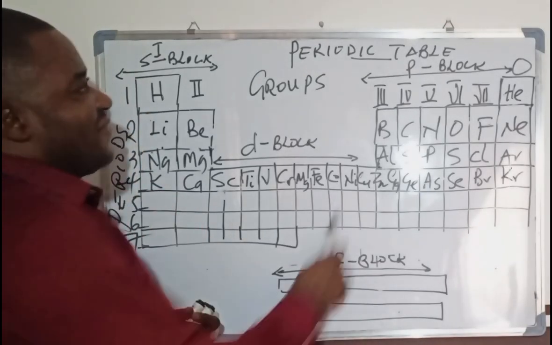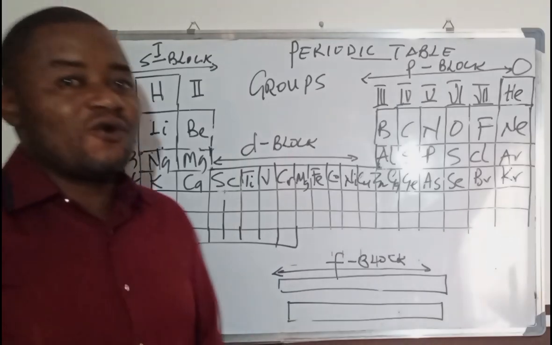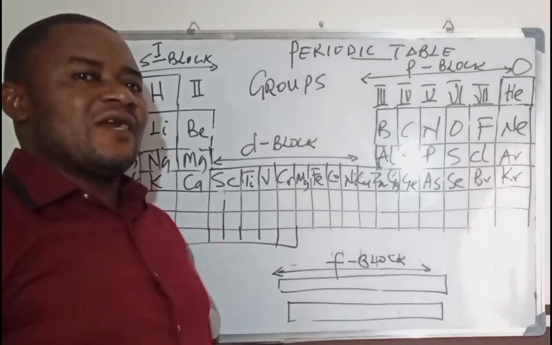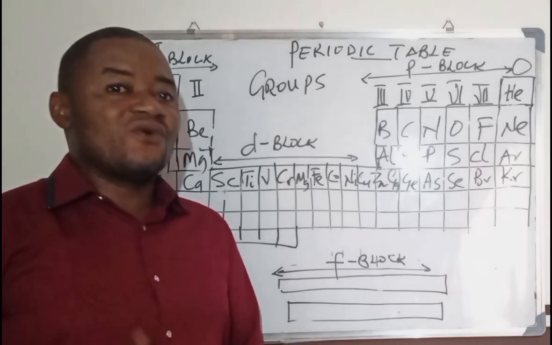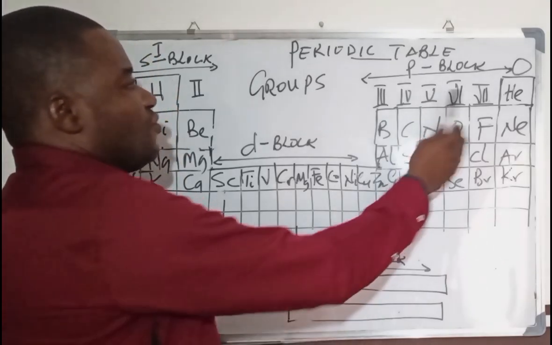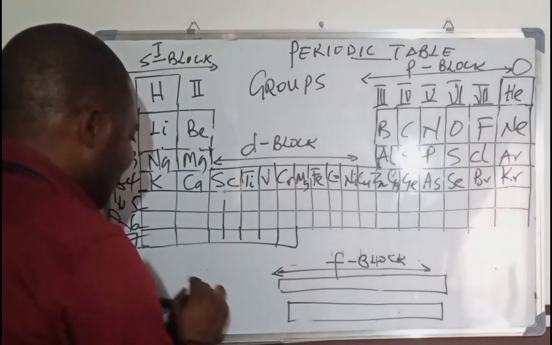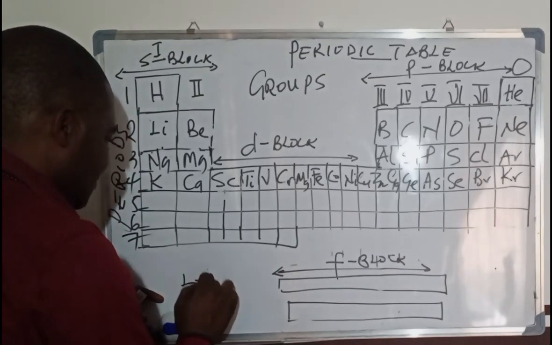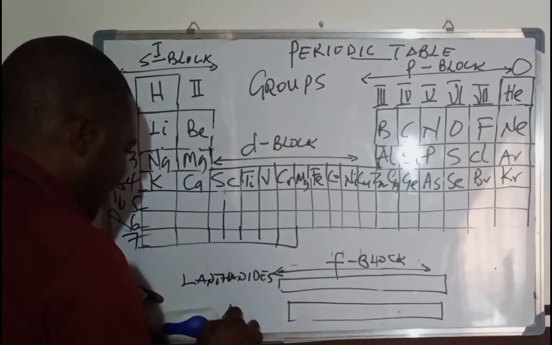And then you have the P block, which are more of metalloids and non-metals. Metalloids means that they possess the qualities of both metals and non-metals, and we also have non-metals inclusive. And the F block are the lanthanides and the actinides.